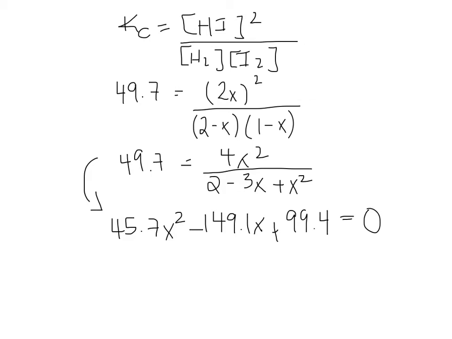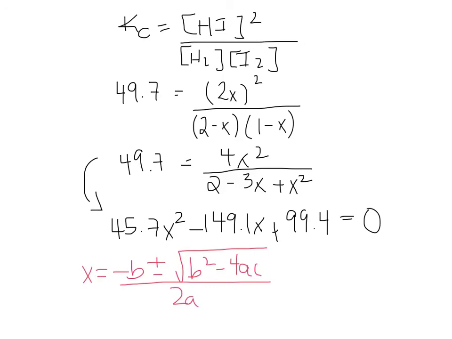From here, we want to use our quadratic equation. So remember, the quadratic formula is negative b plus or minus the square root of b squared minus 4ac, all over 2a. So let's plug in our numbers.